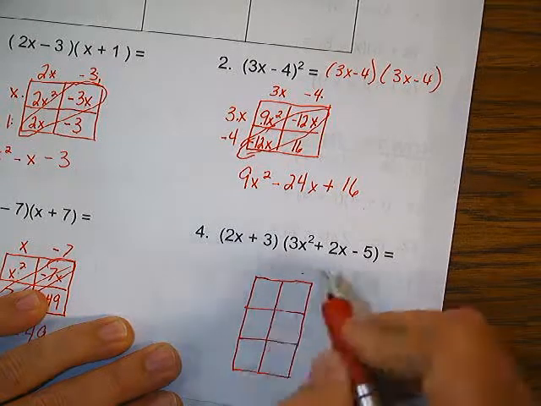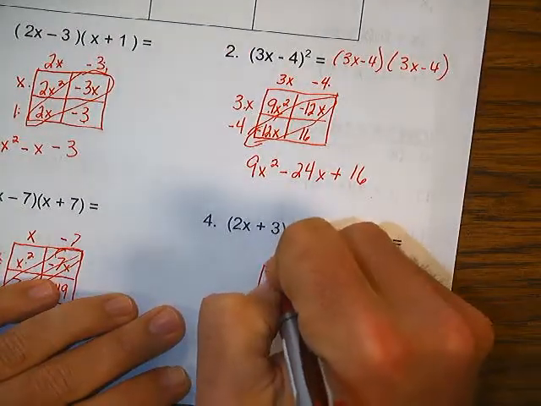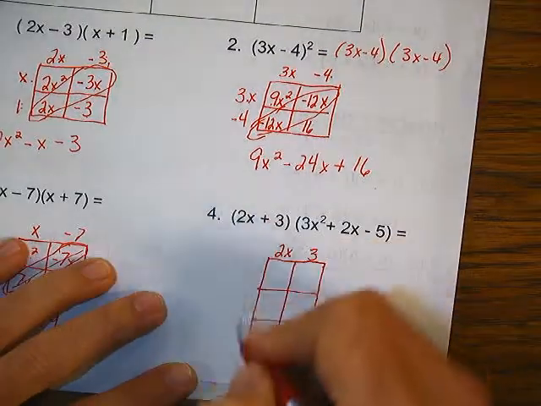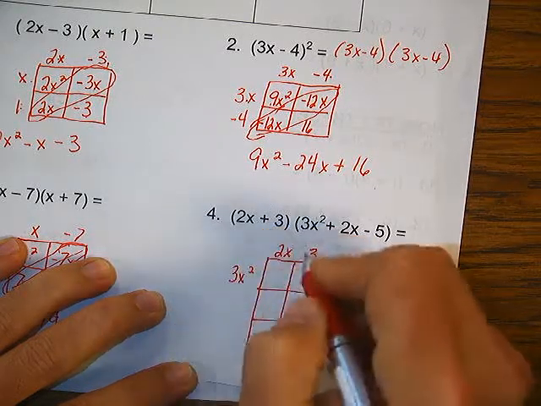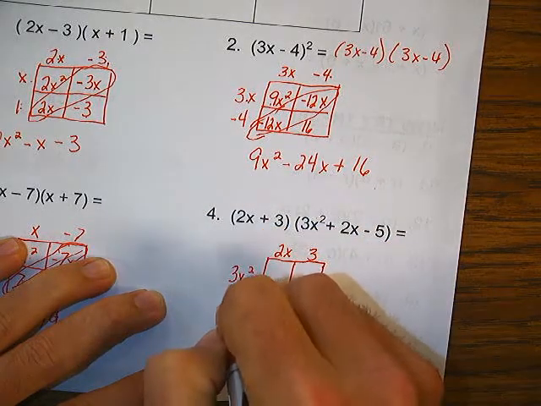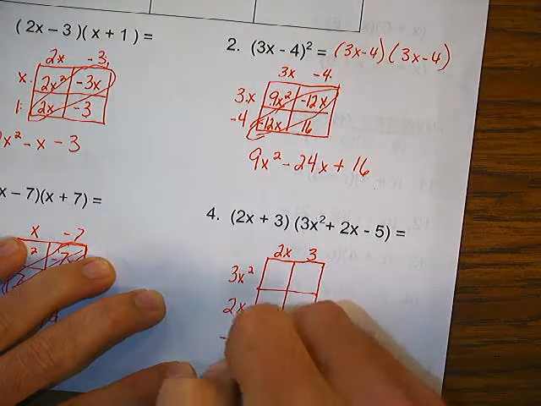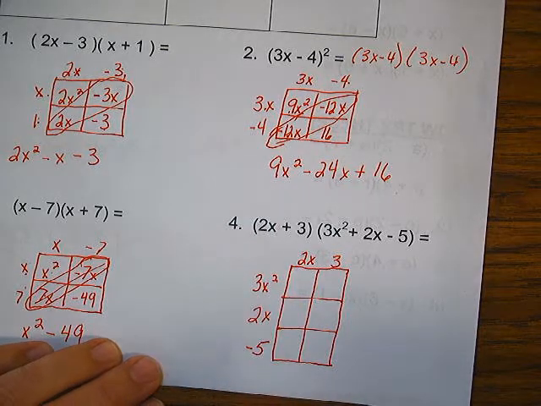Okay, so I have a binomial times a trinomial. So up top, I'm going to have 2x plus 3, a 2x and a 3. Down the side, I'm going to have 3x squared plus 2x and a negative 5. So now I have my binomial times a trinomial.